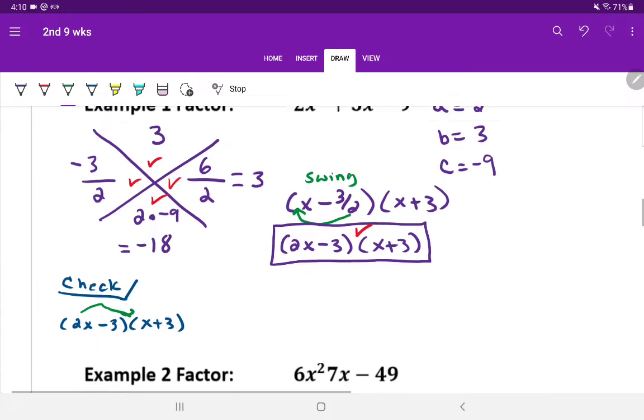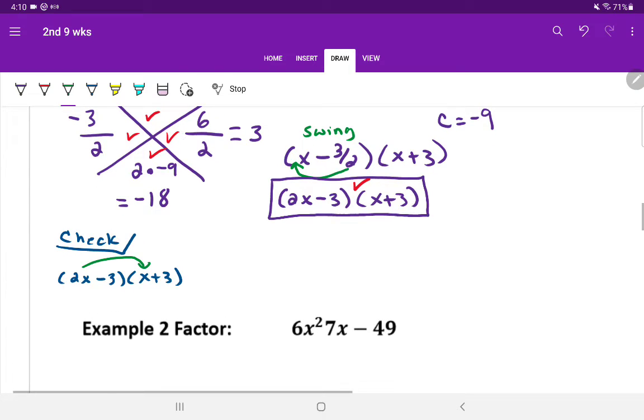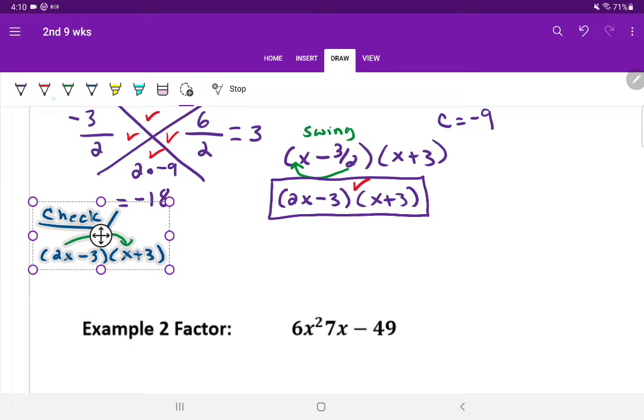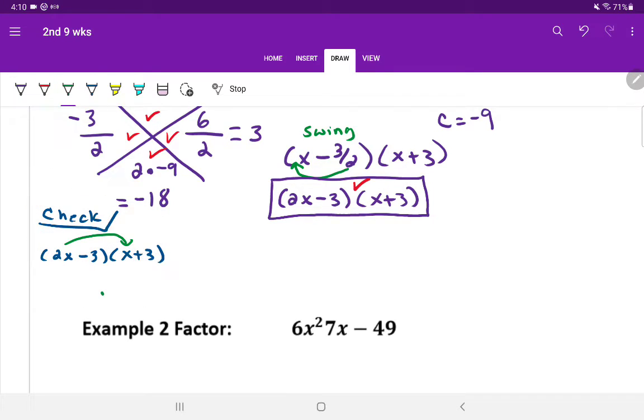2x times x is going to be 2x squared. Let's move this up a bit. I'm running out of room. Okay. All right, so let's see here.